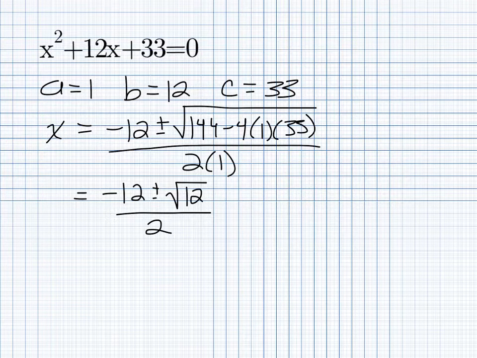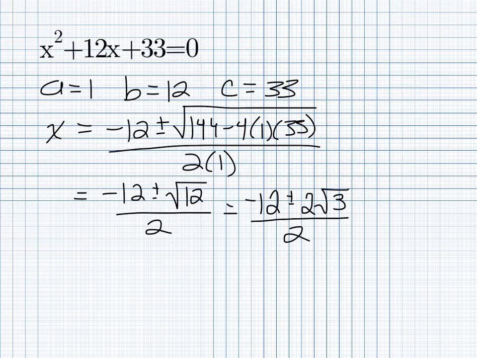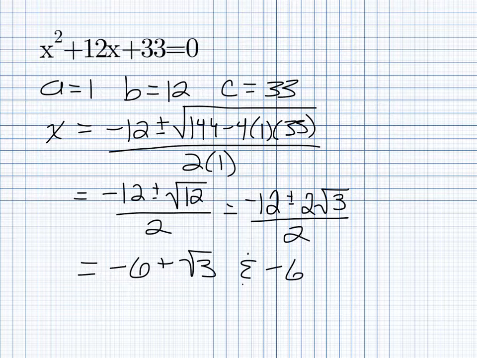And now we need to simplify the square root of 12. So 12 is 4 times 3. That means we can take the square root of 4, which is 2, and that leaves the root of 3 behind. And now we can reduce the fraction. So that gives us two solutions: minus 6 plus the square root of 3, and also minus 6 subtract the square root of 3.